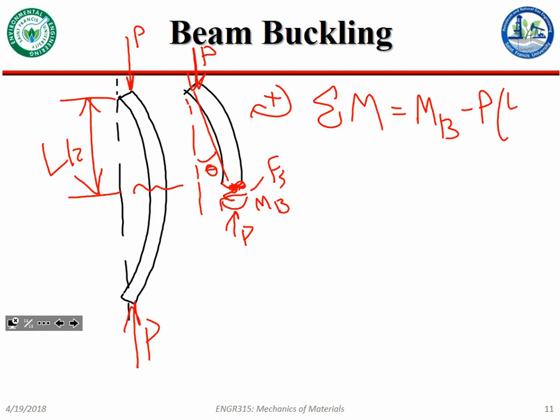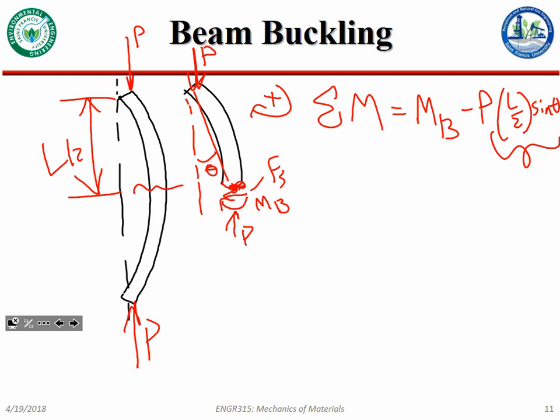We can see that the force at the end is going to create a moment around that section, right? And this part's just the moment arm of that force, just P around that section. All right. So we can get how this would occur, right?